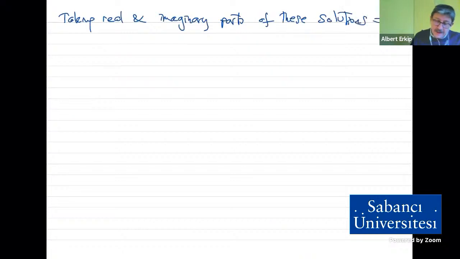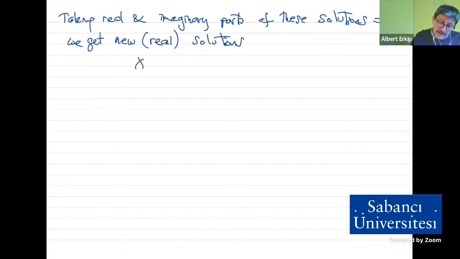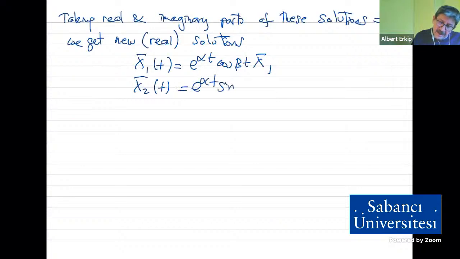Again, we get two new real solutions that look like this: x bar 1 of t is e to the alpha t cosine beta t times a vector x bar 1,0, and x bar 2 of t equals e to the alpha t sine beta t times x bar 2.